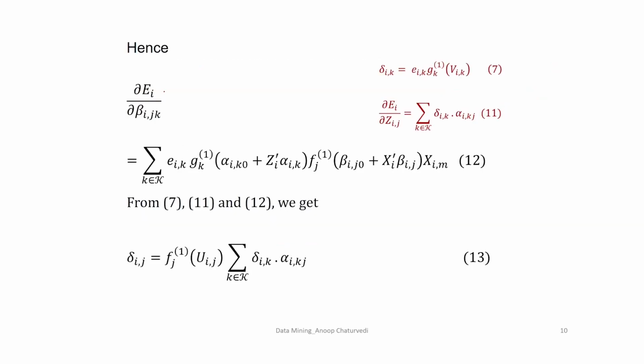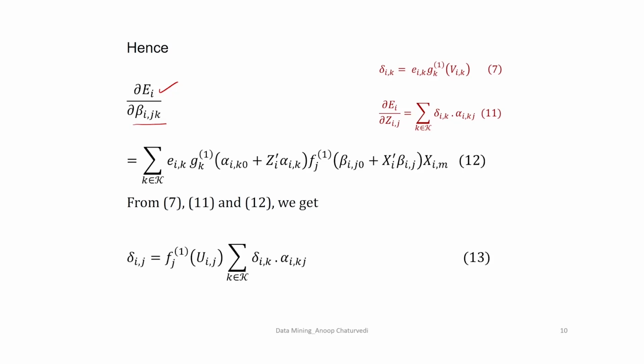Therefore, the partial derivative of E_i with respect to beta_ijm is equal to summation over k E_ik g_k1.